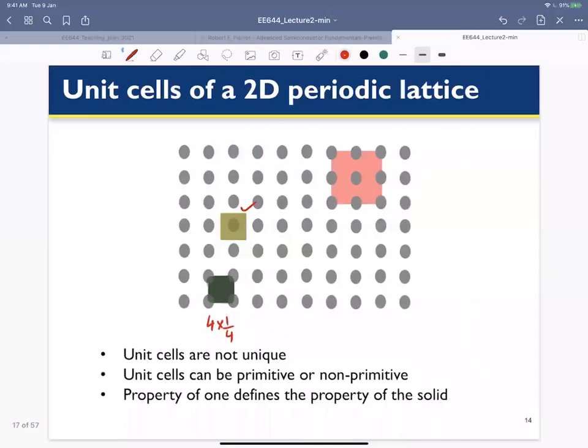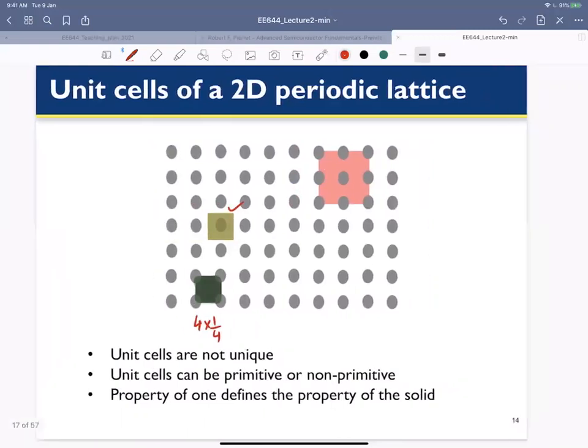Okay. So the property of the unit cell will define the properties of the solid, as I mentioned earlier.